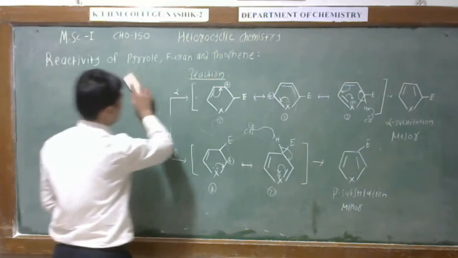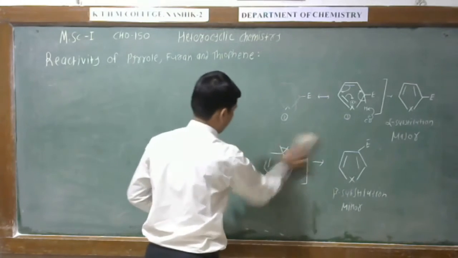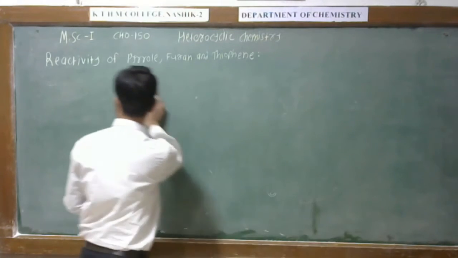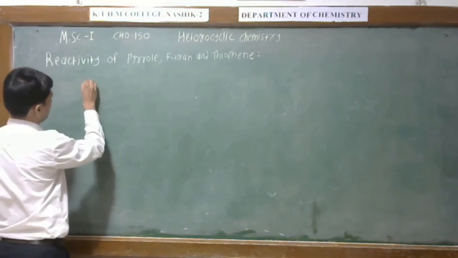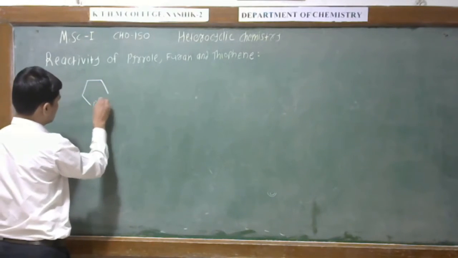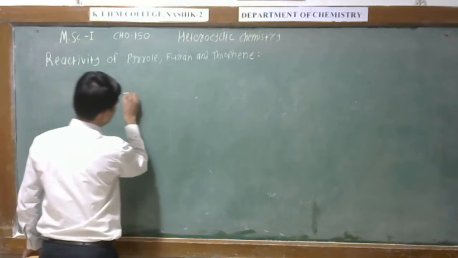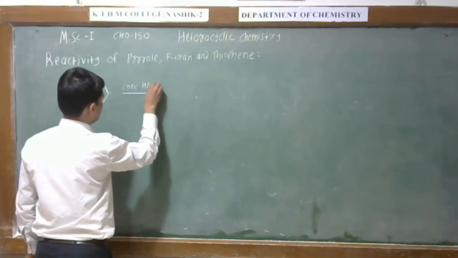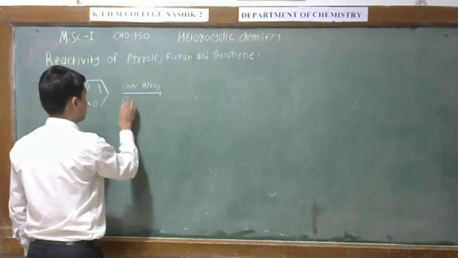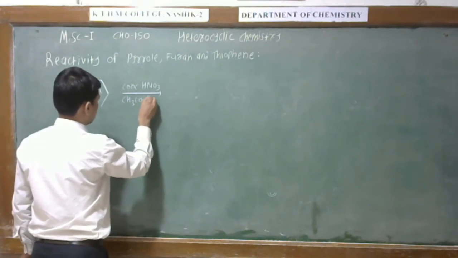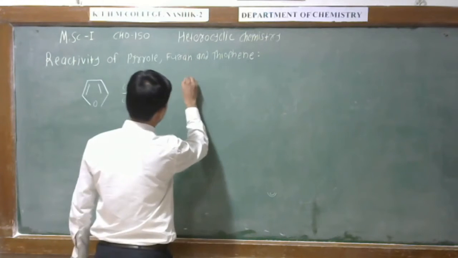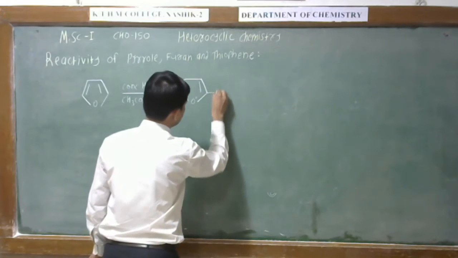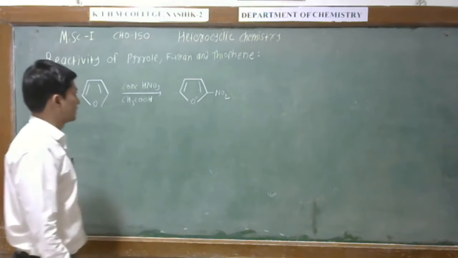Firstly, we take here the pyrrole. When pyrrole undergoes nitration reaction in presence of concentrated nitric acid HNO3 and acetic acid, then we get nitration at the second position, that is the alpha position.